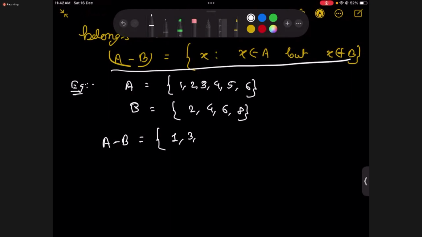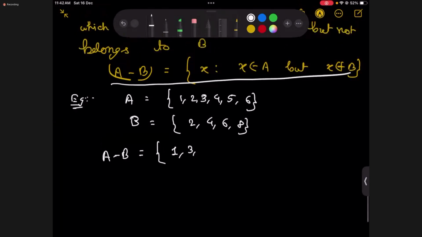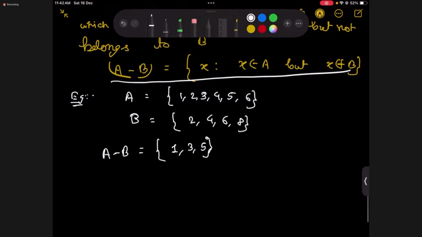Again, 4 belongs to A, but 4 also belongs to B. So 4 will not be there. What about 5? 5 belongs to A, but 5 does not belong to B. So 5 will be there. What about 6? 6 will not be there. What about 7? 7 does not belong to A, so we are not bothered about those elements. So this is the set A minus B.